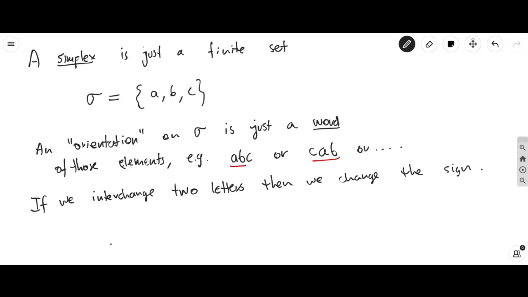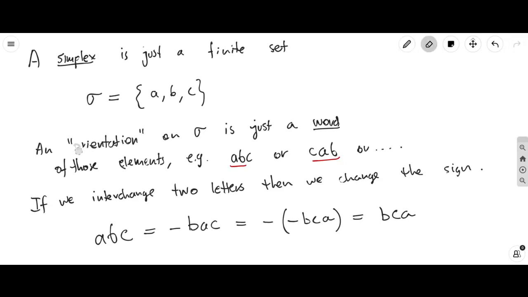So, for example, if you have ABC, so this is a word, and you interchange these two, then you get BAC, but it's negative BAC. And if you take, let's say, these two, and you interchange them, then you get negative BCA. So that would be positive BCA. So that's what we mean by an orientation.